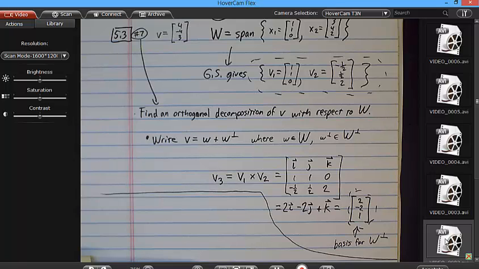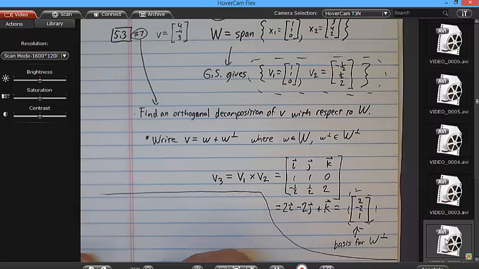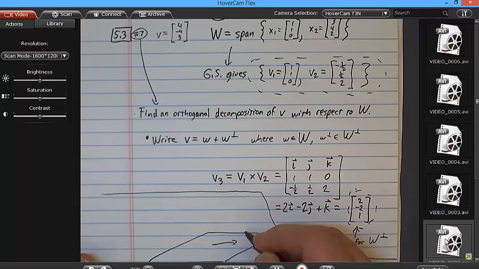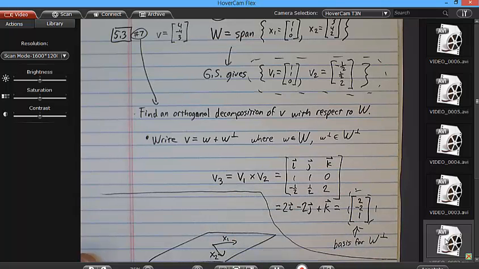I mean, what's the picture? Let me show you the picture. The picture is I have a plane that contains the vectors x1 and x2. Oh wait, we don't want x1 and x2. Let me show you the same plane.